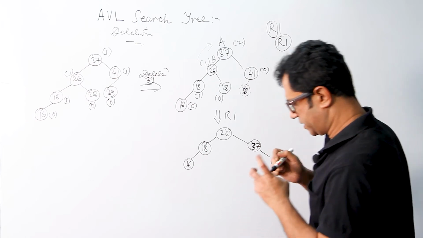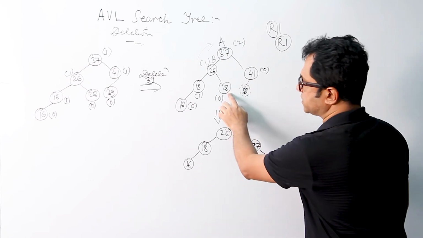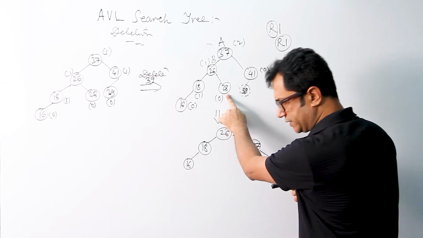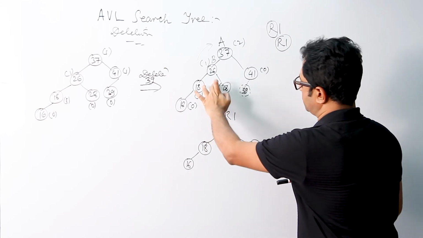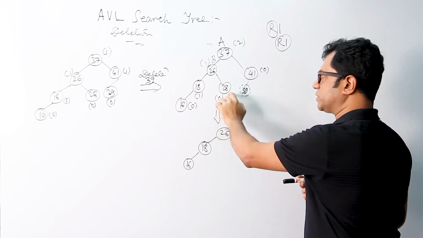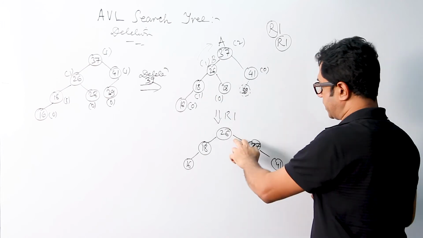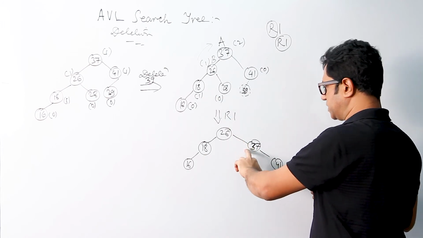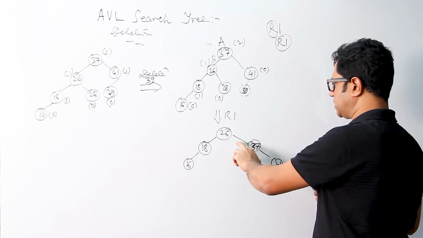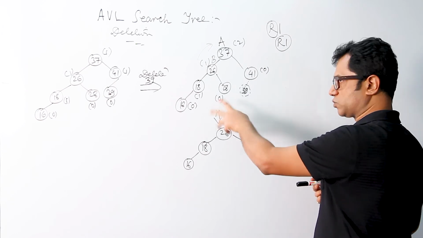See this 28? The 28 is a node which is present on the right subtree of 26, and it was present as the right child of 26. But now the right child of 26 is 37. So the right child of 26 is now 37 by the process of this rotation.